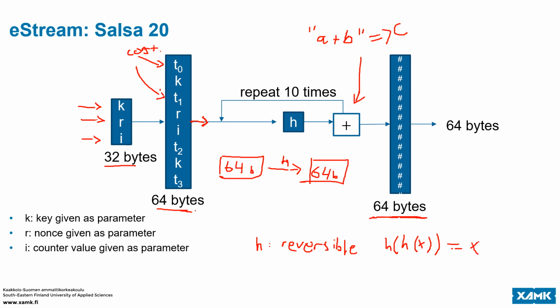Running h using data that was produced by the same function h actually gives you the original input back.